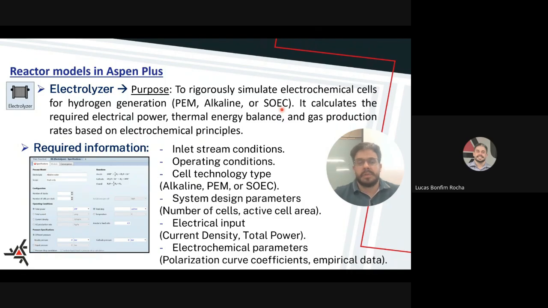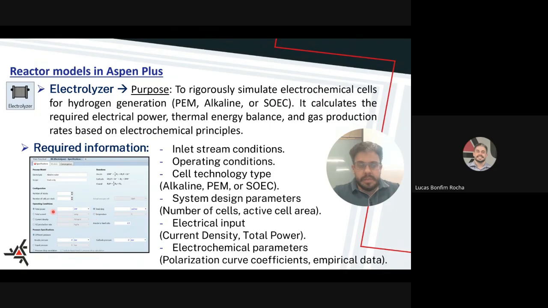So we consider more detailed models, more detailed variables involved in the electrochemical reactions here for producing hydrogen. In this case, we consider that there is an anode, a cathode, and we have different reactions occurring in each one of these parts of the electrolyzer.